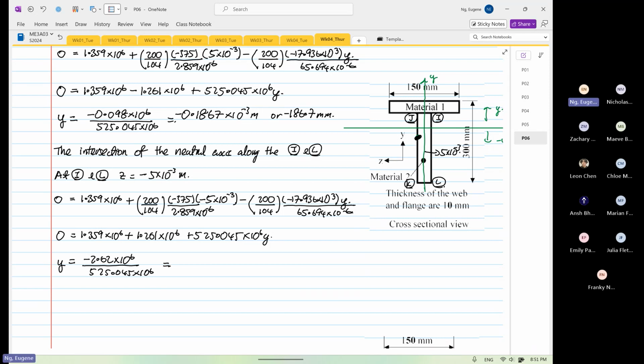So 2.62 divided by 525.045 is equal to 5, times 10 to the power minus 3 meters, or 5 millimeters.